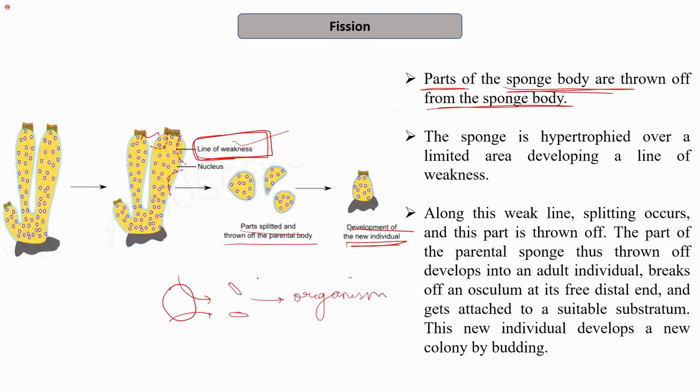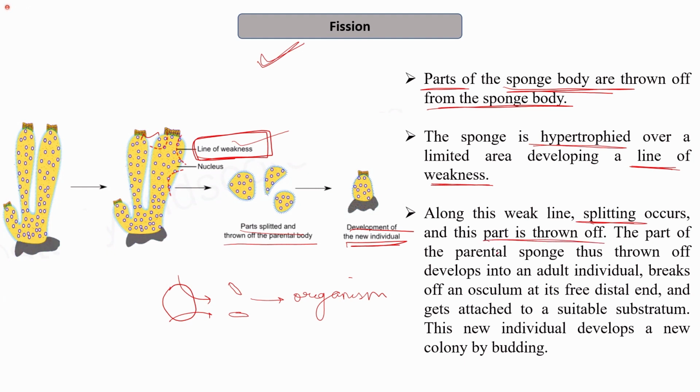So this mode of reproduction is known as fission, where the parts of the sponge body are thrown off from the sponge body. The sponge is hypertrophied over a limited area, developing the line of weakness. Along this weak line, splitting happens, and this part is thrown off from the parental body.